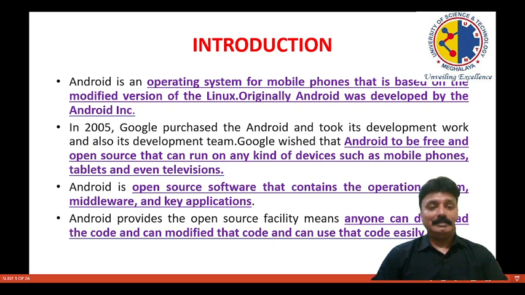Then, in 2005, Google purchased Android and took its development work and also its development team. Google wished Android to be free and open source, so that it can run on any kind of device such as mobile phones, tablets, and even televisions.